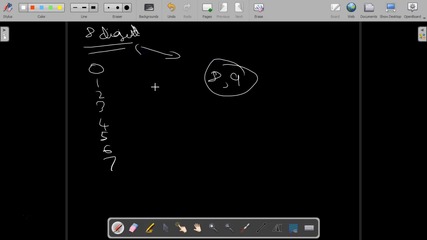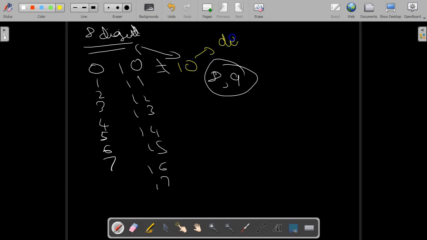So what we then do is we carry over to the next place, that is 1 0, 1 1, 1 2, 1 3, 1 4, 1 5, 1 6, 1 7. And in this case, 1 0 is not equal to 10 in our normal decimal system.